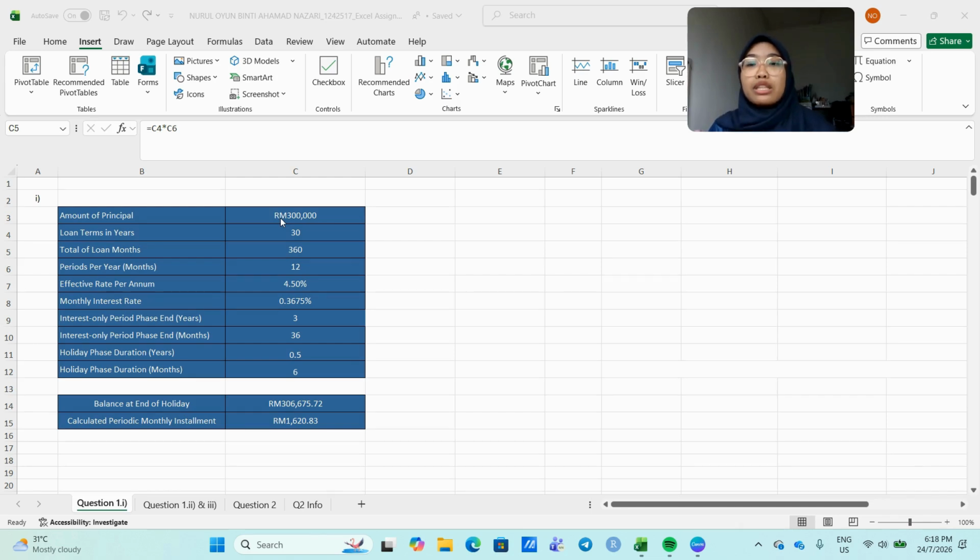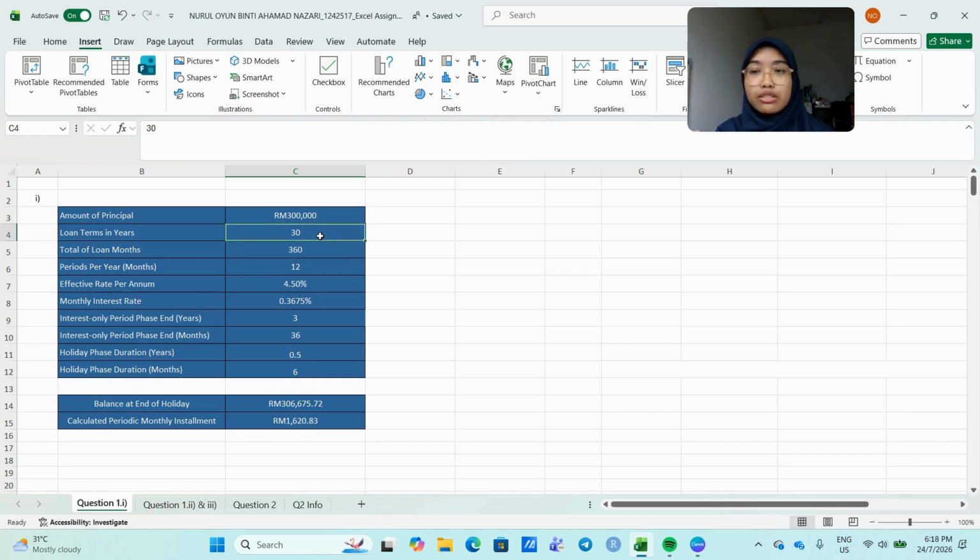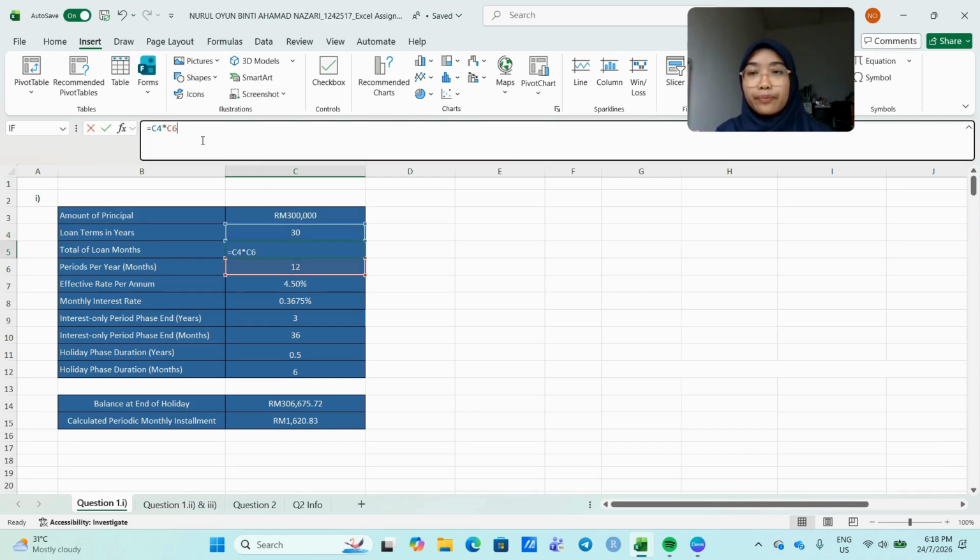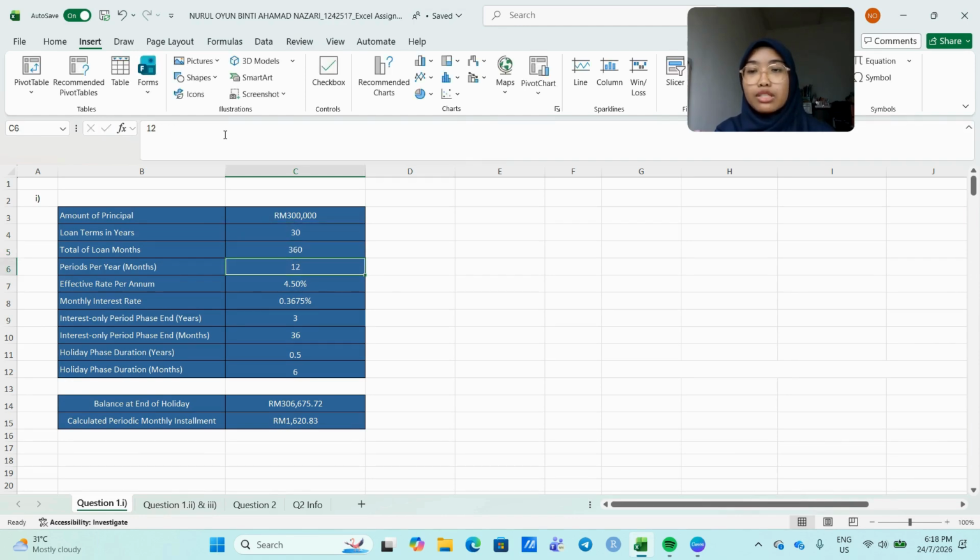So we go through the information given in the question. The question gives the principal amount, which is 300,000 ringgit, a 30-year loan term, and the total of loan months. I calculate the loan term in years times 12, because it is monthly.